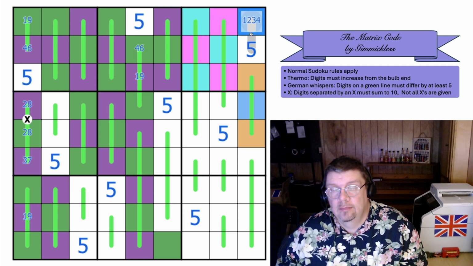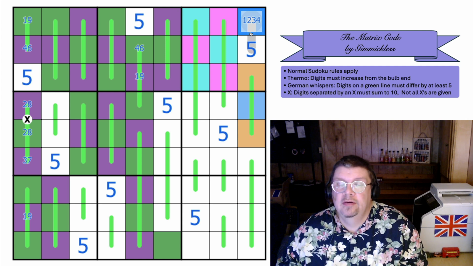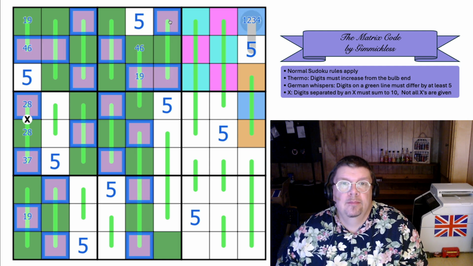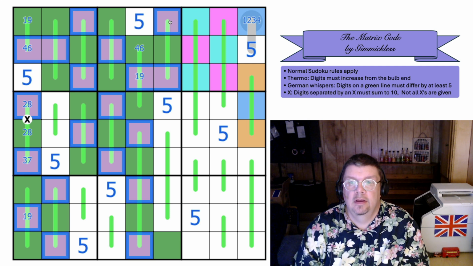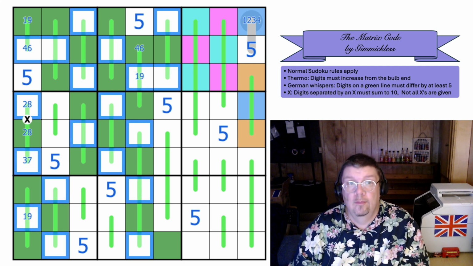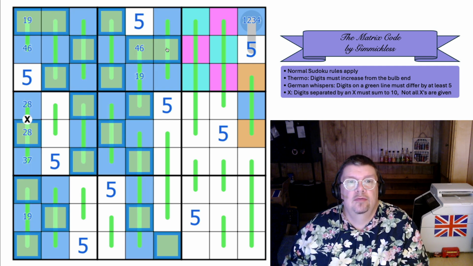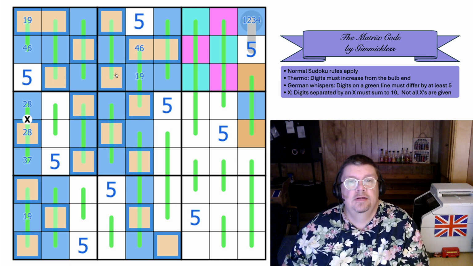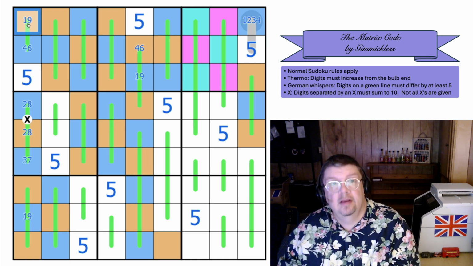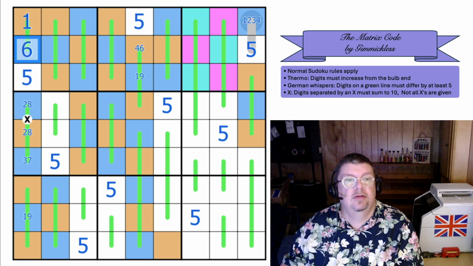That must be purple. Or, put another way, purple must be low. So we are going to switch out purple for blue. We're going to switch out green for orange. So now I can start putting in some actual digits.